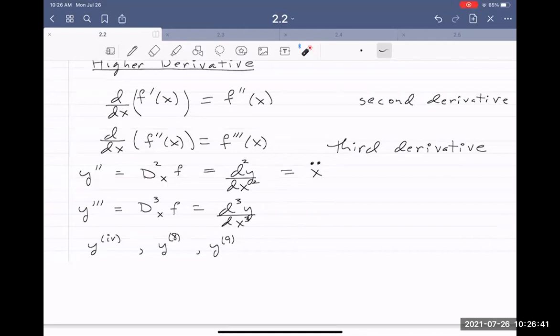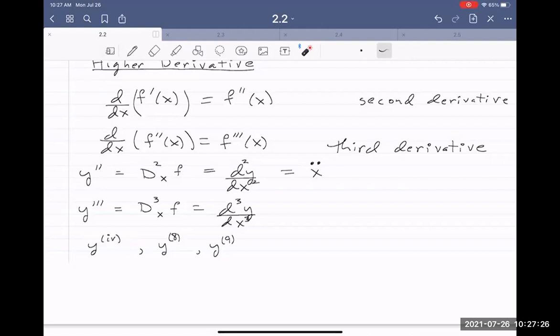So usually what we do is, when we have more than 3, we then do it as a superscript. And so we usually do y, and then we do lowercase Roman numerals. So y to the IV, and you put it in parentheses, these Roman numerals. Now, the problem is as well, people don't know their Roman numerals past a few. So for 4, 5, 6, and 7, use this Roman numeral superscript.